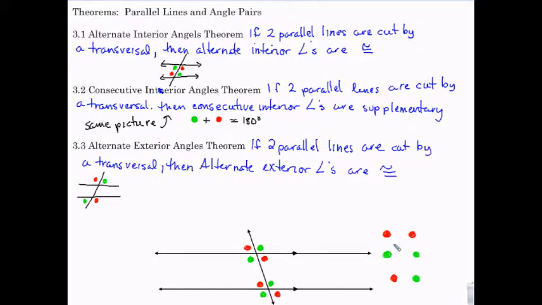So any red angle equals any other red angle. Any green angle equals any other green angle. And any red angle plus any green angle will equal 180. So I could pick this angle here and that angle there. Those two are going to equal 180.